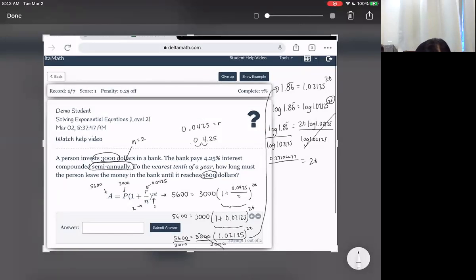Okay, and then on the bottom we have log of 1.02125, and I get 0.0091320695. Okay, so I'm going to divide those two numbers.